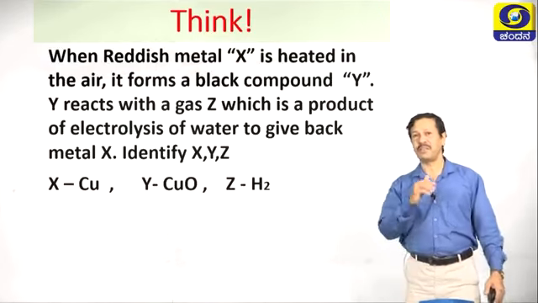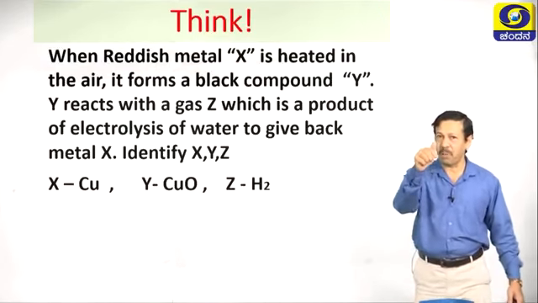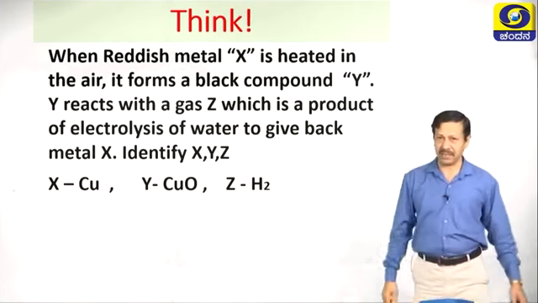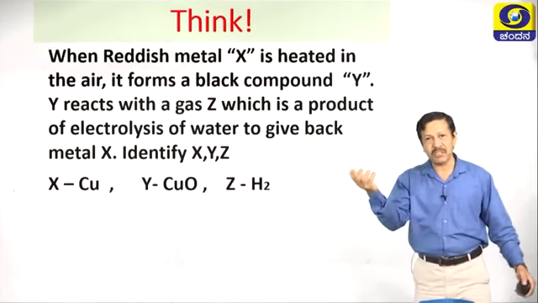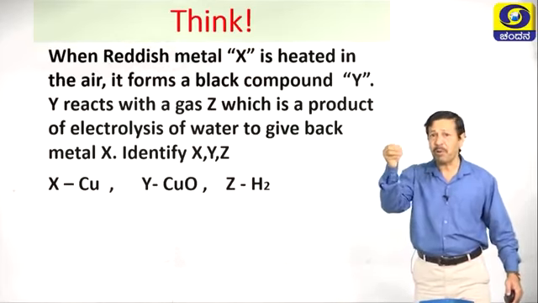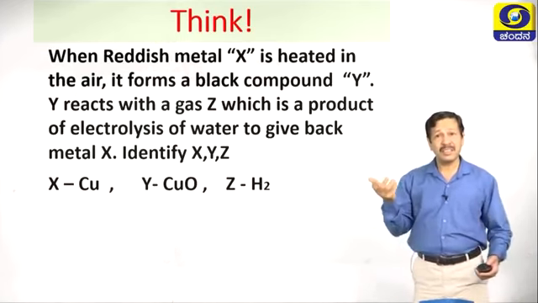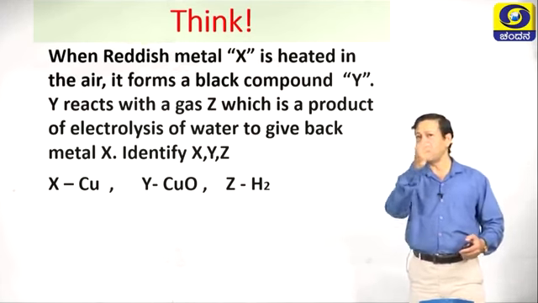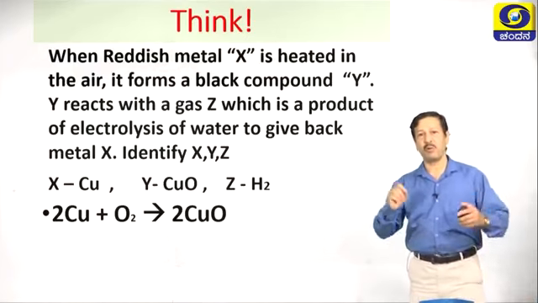X is copper, a reddish metal. The only metal given in the textbook is copper, so that is copper. Y is copper oxide. When copper coil is heated in the presence of oxygen, a black compound, copper oxide, is formed. Now, Z, the product of electrolysis, is hydrogen. Now, let us write the equation. 2Cu plus O2 gives rise to 2CuO.